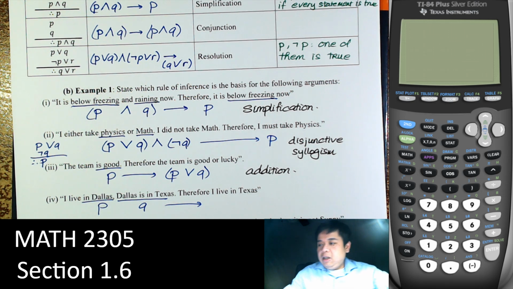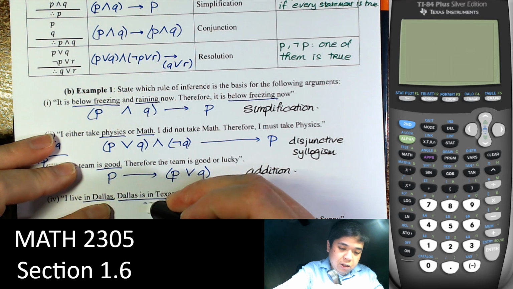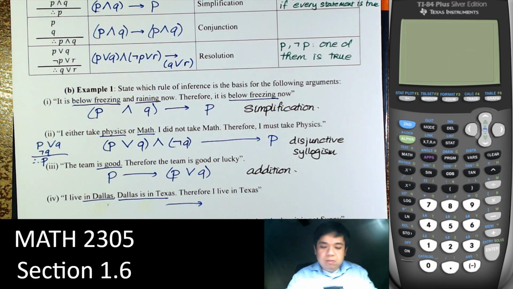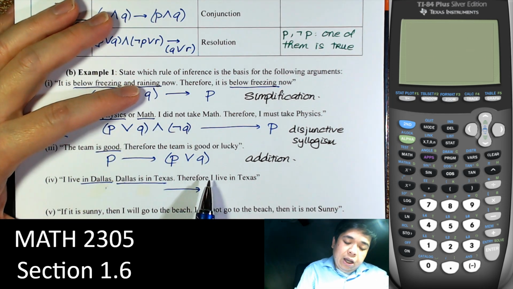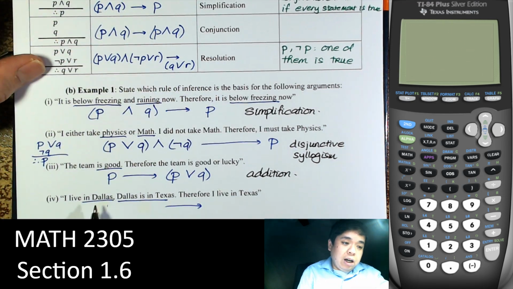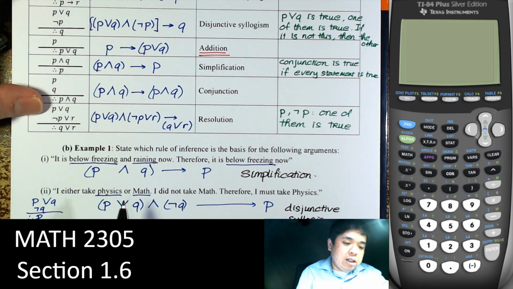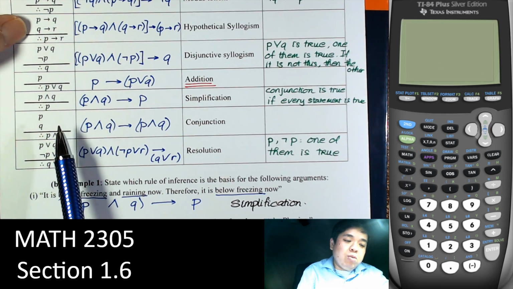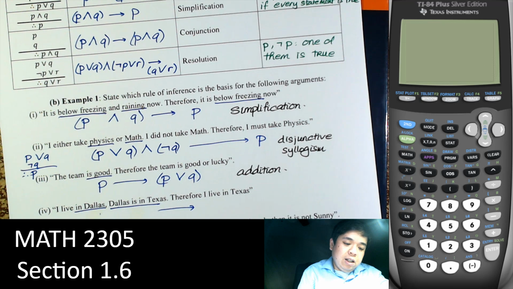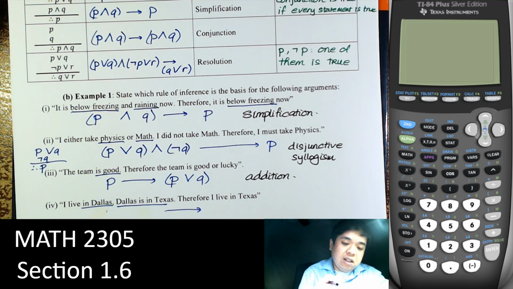Now, this is a little bit more tricky. Right, and I get a feeling that this is more like this one here. So, a person lives in Dallas and Dallas is in Texas.